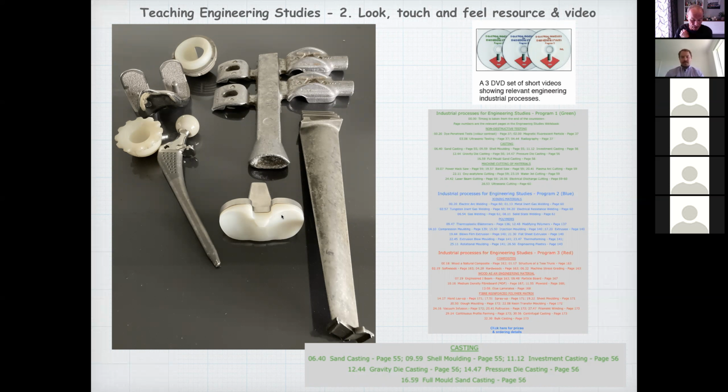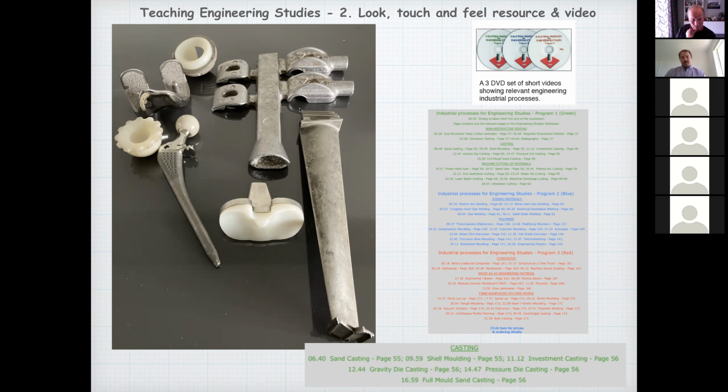You can get sight, sound and touch responding with these resources. And I get the students to feel how smooth this turbine blade is, because that's been made by investment casting. This prosthesis, I explain that no further machining occurs here, and they're actually touching it.